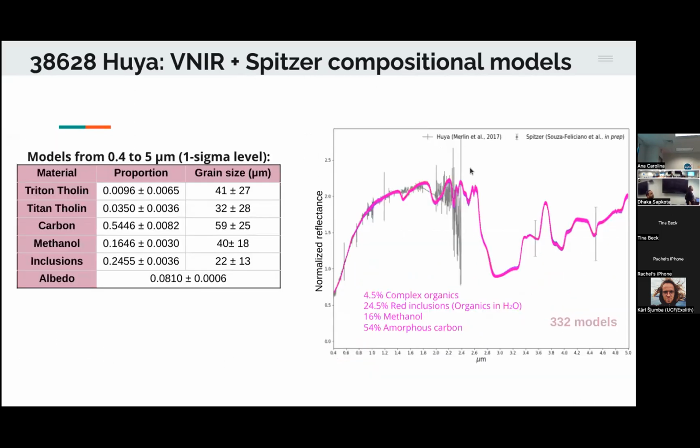And our results were very well constrained. We have more than 300 models that are totally compatible, with almost 4.5% of complex organics, 25% of the inclusions, 16% of methanol, and 54% of amorphous carbon.